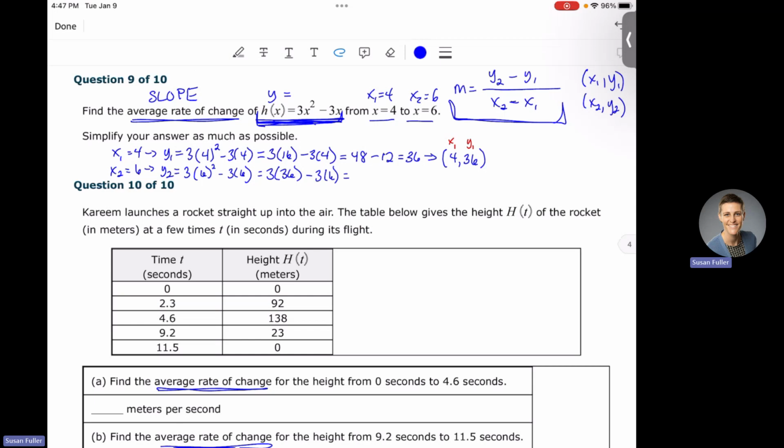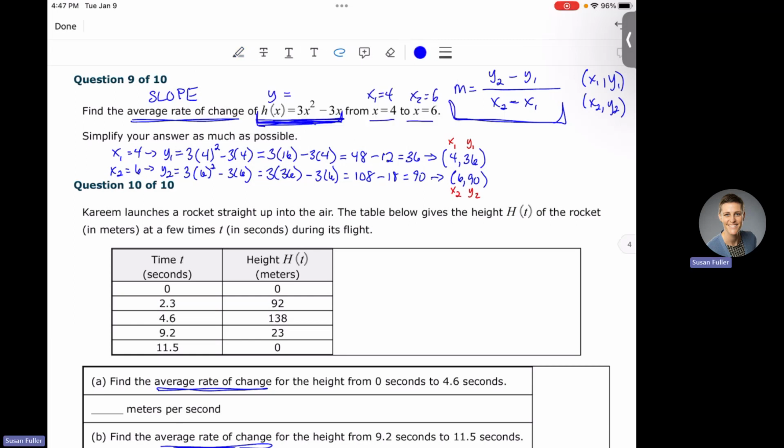Okay, 3 times 36. You can put that in a calculator. I believe that's going to be 108 minus 3 times 6 is 18. 108 minus 18 is going to be 90, I believe. So our second point should be (6, 90). And that is going to be the ordered pair x2, y2.